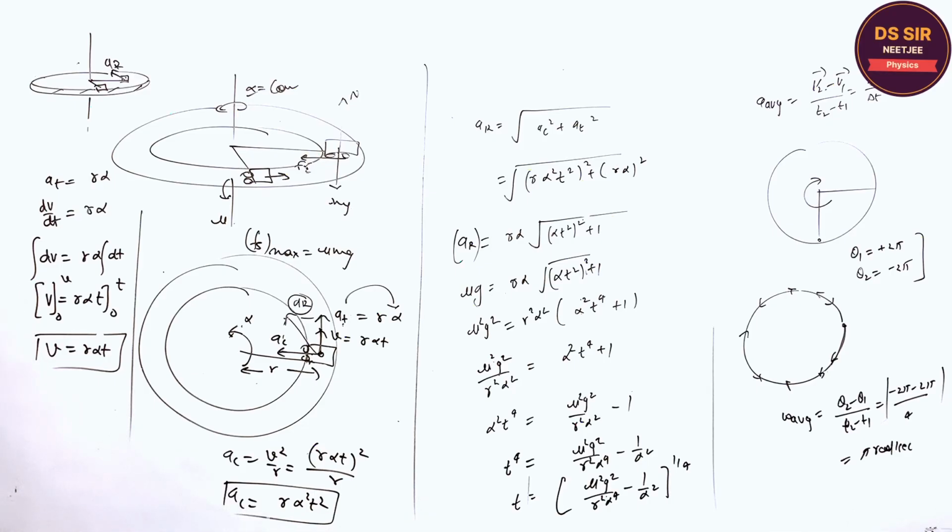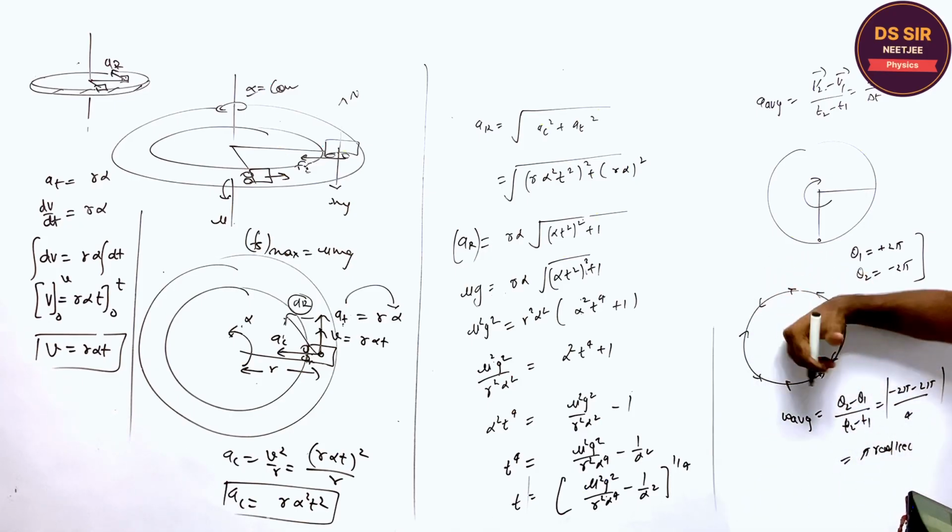Any other doubt? Listen. T2 minus T1 is nothing but the time interval between the initial start of motion.